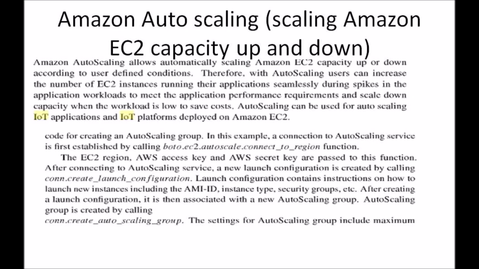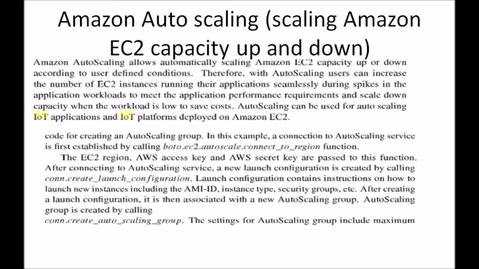The first thing you have to do is get connected to the auto scaling service. You do that by calling a connect to region function. Two arguments are passed to this function in order to connect to the auto scaling service: the AWS access key and the AWS secret key.